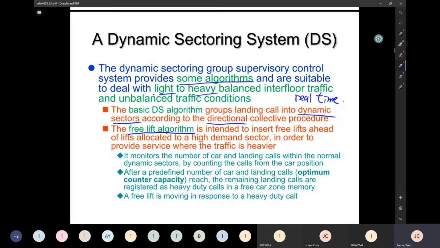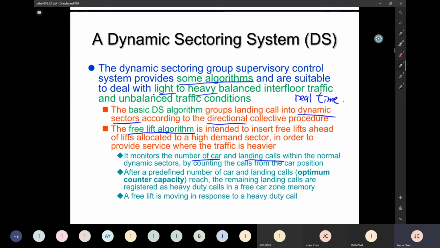Okay, now the fee lift algorithm monitors the number of cars and the landing calls. Okay, the number of cars, you may consider, is the fee cars, and the landing calls in the system.